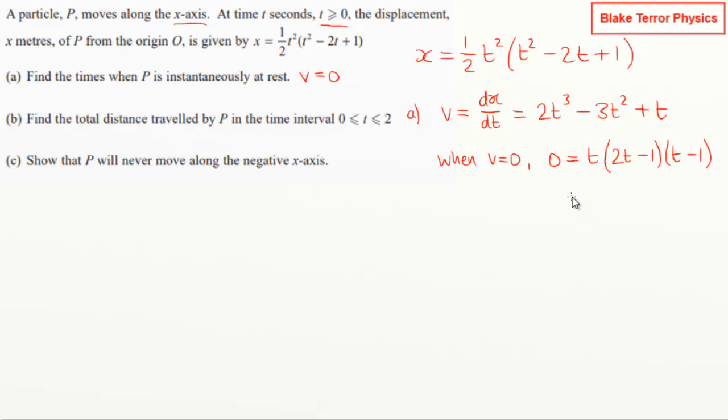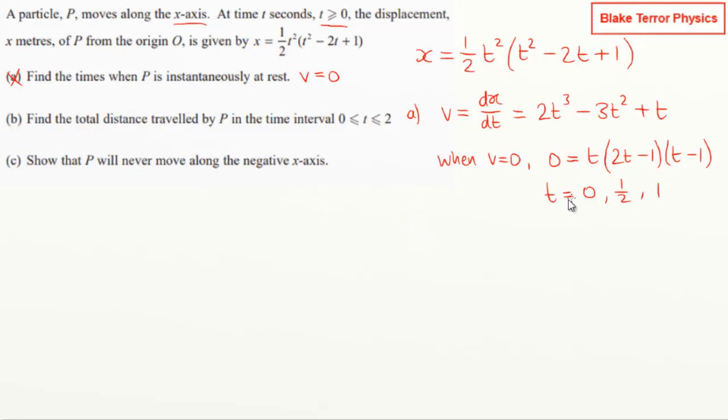So it's quite an easy factorization to do on that one. So that means that t will be equal to 0 or a half or 1. So we've got our times when the particle was instantaneously at rest.